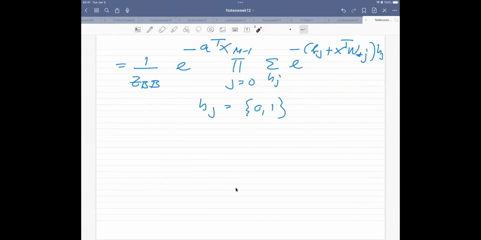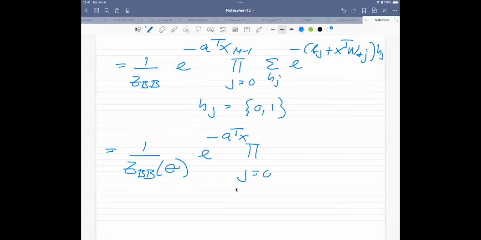So that means that what I end up with is the following expression. 1 over Z_BB, and this depends on the parameters theta. And then I have simply the product of the following expressions: e of minus a^T x, and there's a product over all the hidden nodes, m minus 1, and this is given by 1 plus e of minus, and then I have b_j plus x transpose times W_j multiplied with h, with just 1 here, like that.